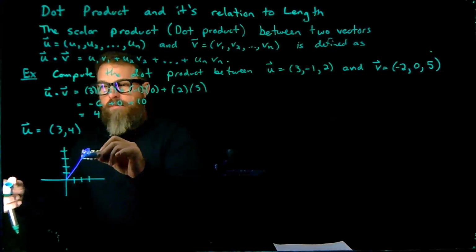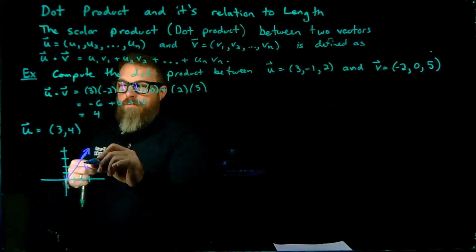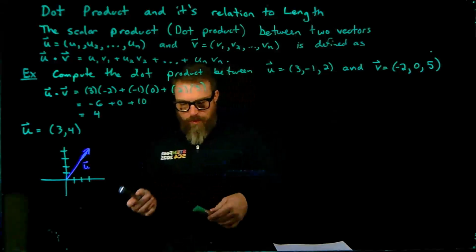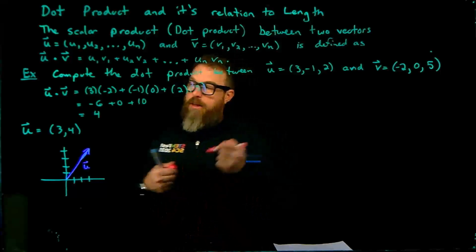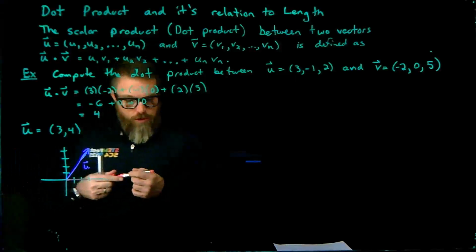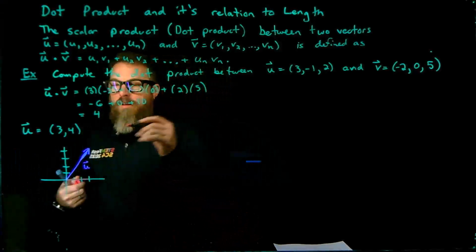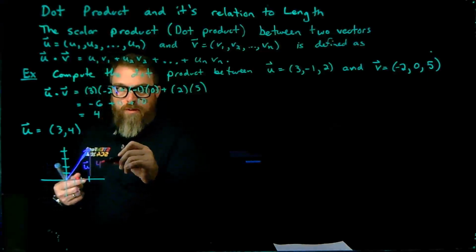A little messy. Okay, so this is our vector u. If I want to find the length of this vector, what we know it comes down to is essentially a triangle, where I need to know the base of the triangle, which is equal to 3, and then the height of this triangle, which is equal to 4.